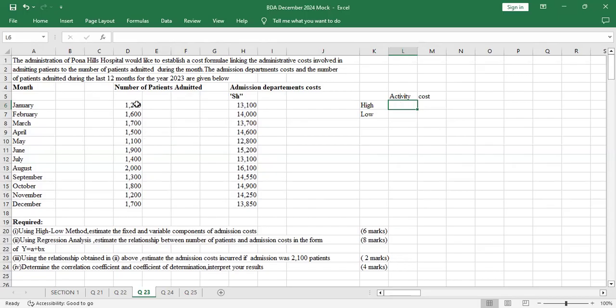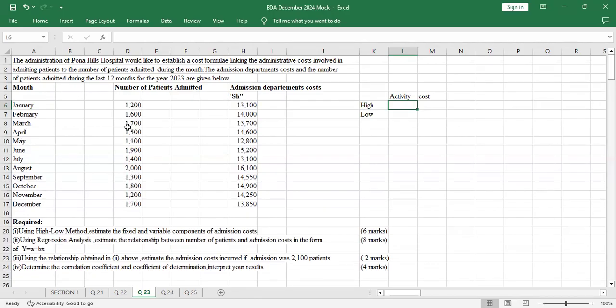So how do we do that here? Because in Excel it's easier, because you can be given even the months, maybe even for 10 years. So it will be so difficult for you to check all through which one is the highest.